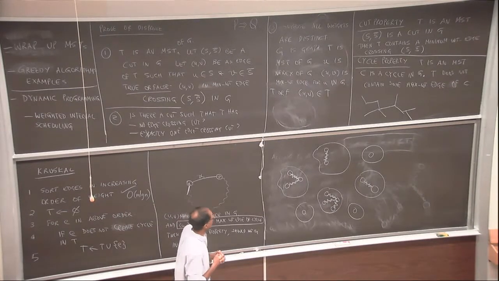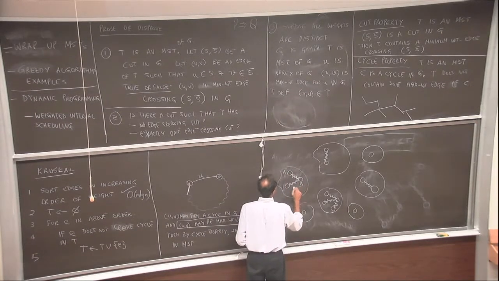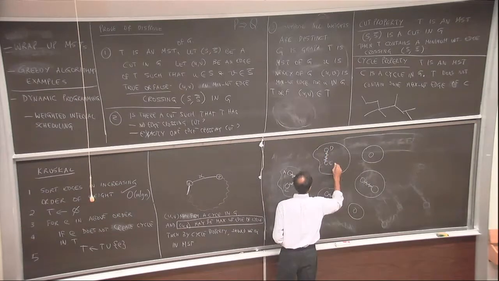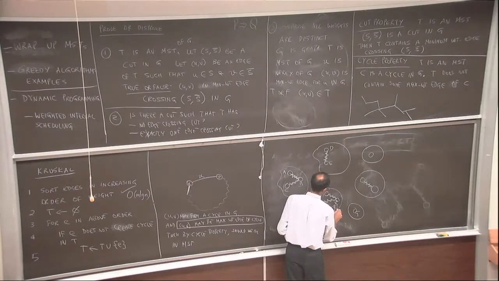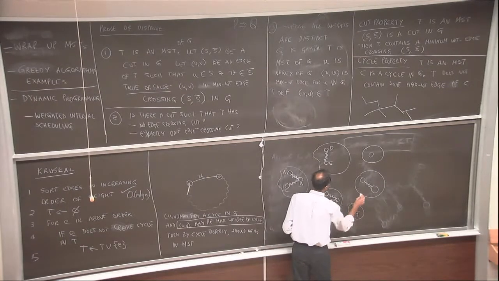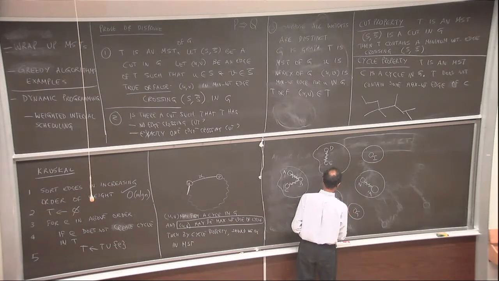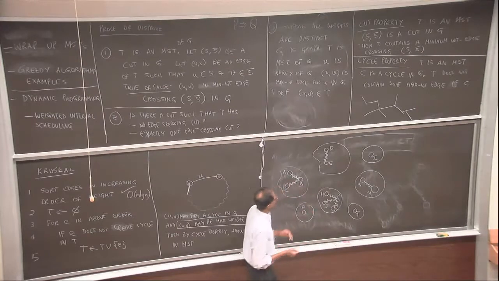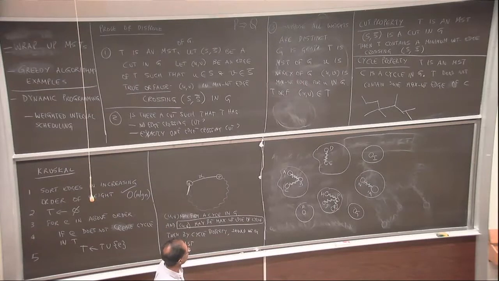Okay, so now let's say A, B, C, D, E, F, G, H, J, L, M, these are some of the vertices there. Now if I give you an edge HJ, what will you say? Can I add this? No. How did you decide?